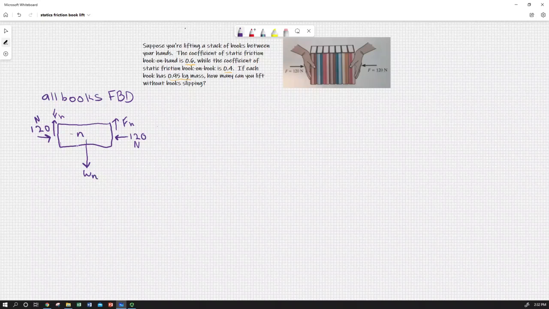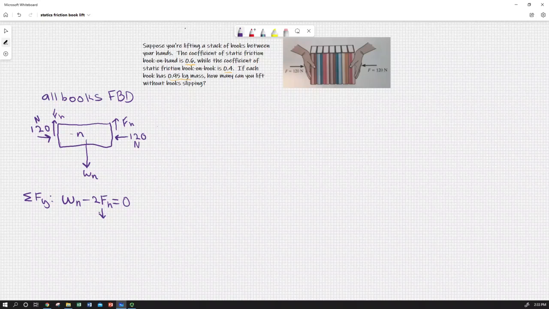But we'll call the weight W sub n. We do have a sum of the forces that we can define in the y, and that's going to be key in all these cases. So we can say the weight due to n books minus 2 times the friction force, hand on book, has to be 0. I can give myself another relationship.